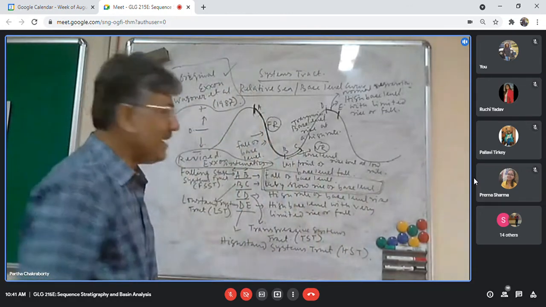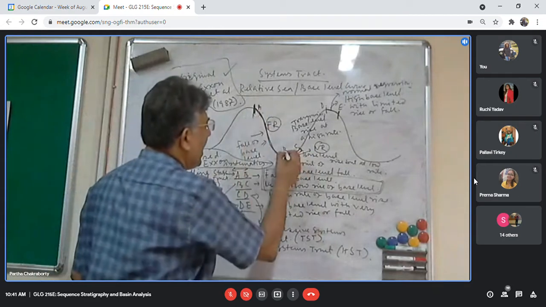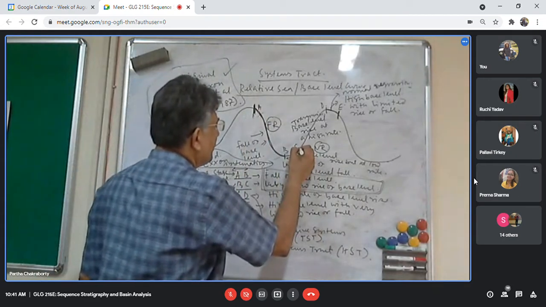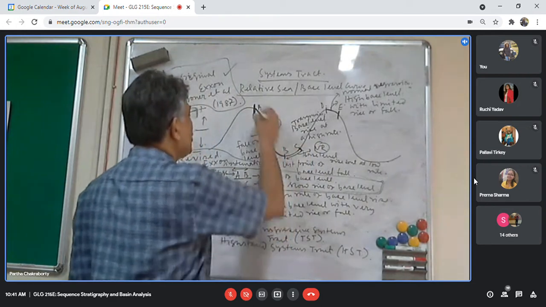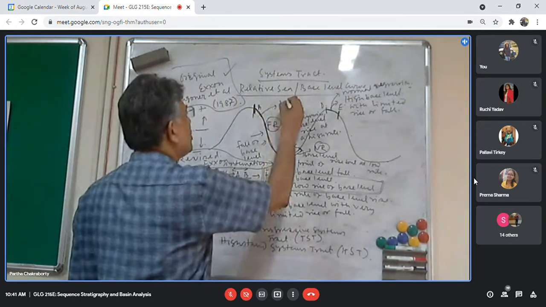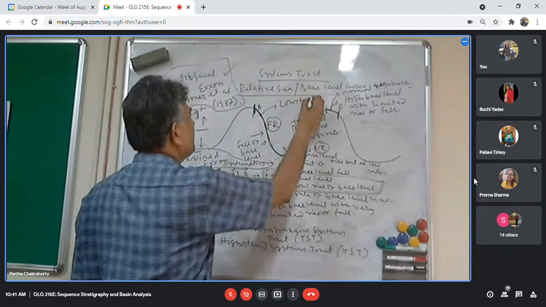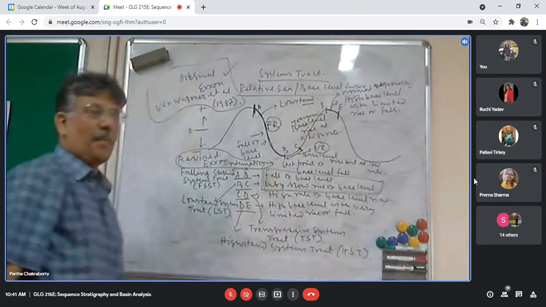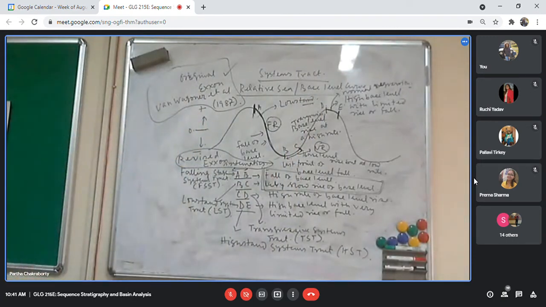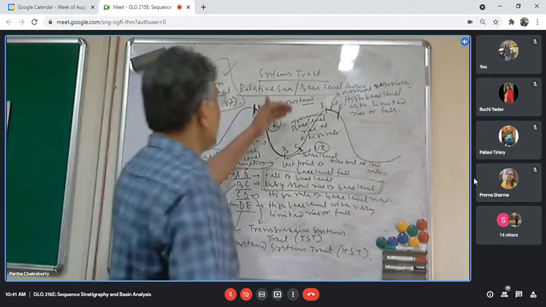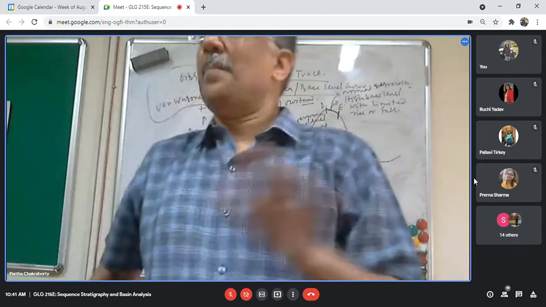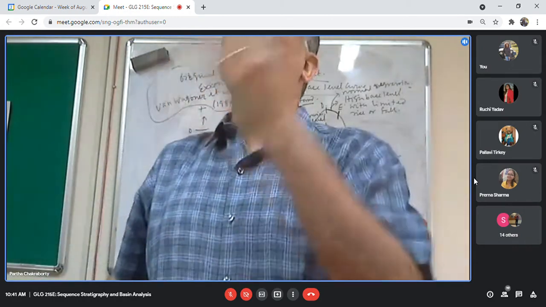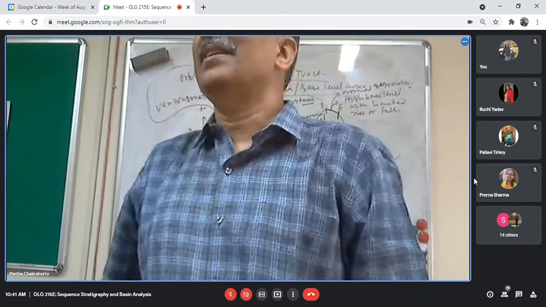What they said is that from here to here, this is actually completely coming under lowstand. So this division of the lowstand into two parts was not there, because they were always saying that there is a regressional tendency.